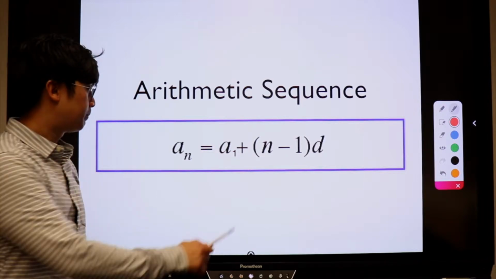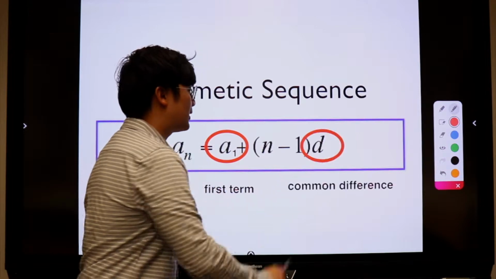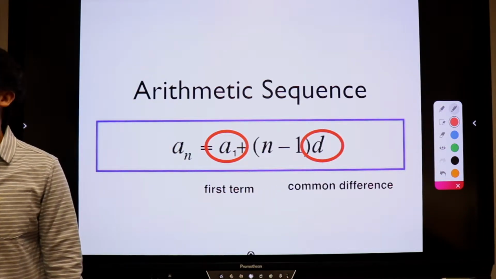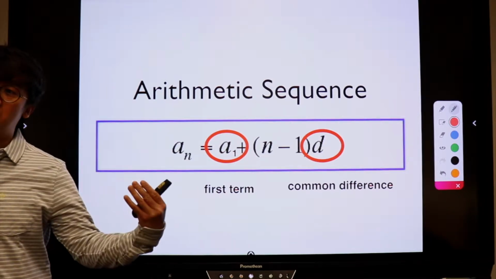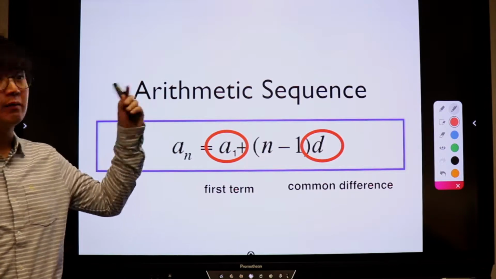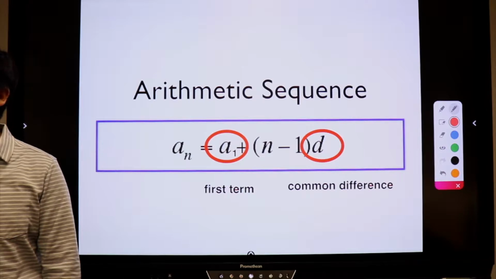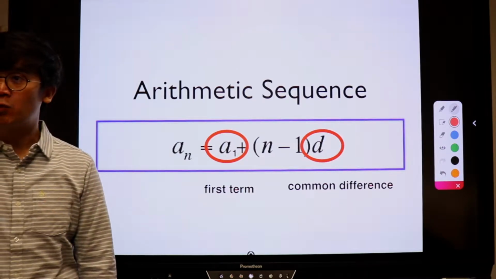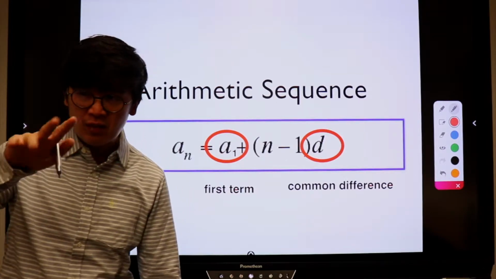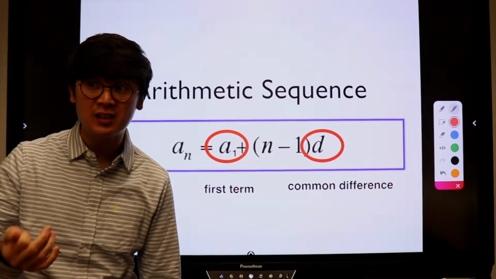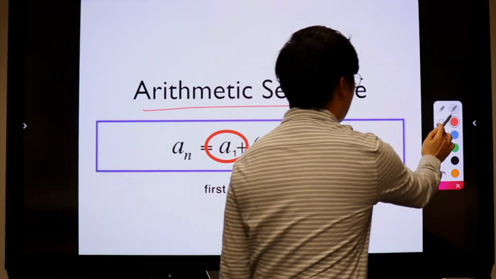In this formula, this is the first term of the sequence, and this is the common difference, which is the special pattern that you need to look for in a sequence of numbers that fall under arithmetic sequence. So we're going to be using this formula right now because now we're done with the general concept of sequence and series. And now that you have an idea on how to work out problems on sequences and series, we're just going to be more specific this time, and that is for this type of sequence.